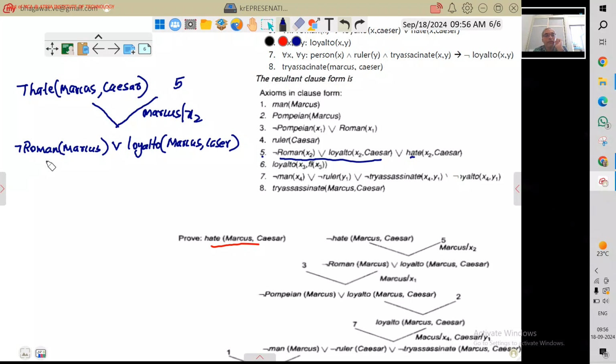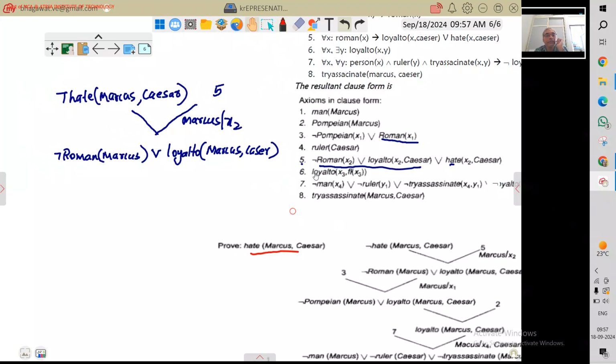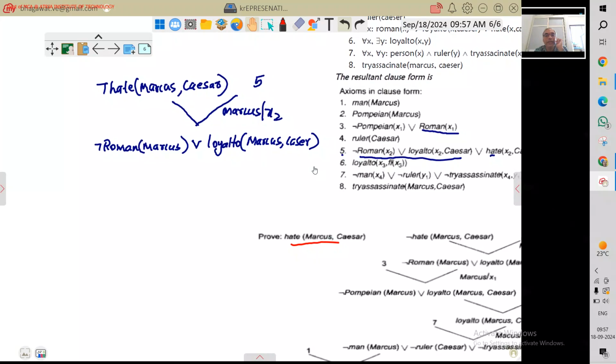Now you can see we have negation Roman. I will check anywhere I can get Roman, so that I can cancel this negation Roman. If I consider the third one, you can see we have Roman of x1, but we have Roman of Marcus here. So I will take the third clause from our knowledge base.